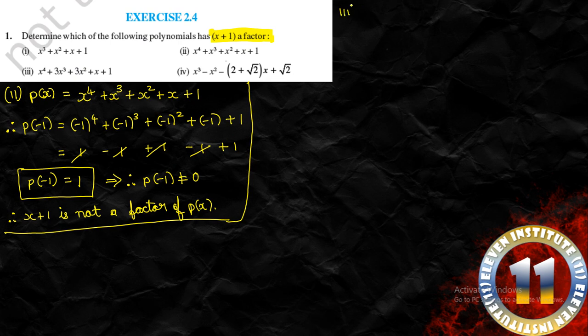So again, first of all, we will write the polynomial over here. Yes, this is the polynomial. Again, we will put minus 1 instead of x.